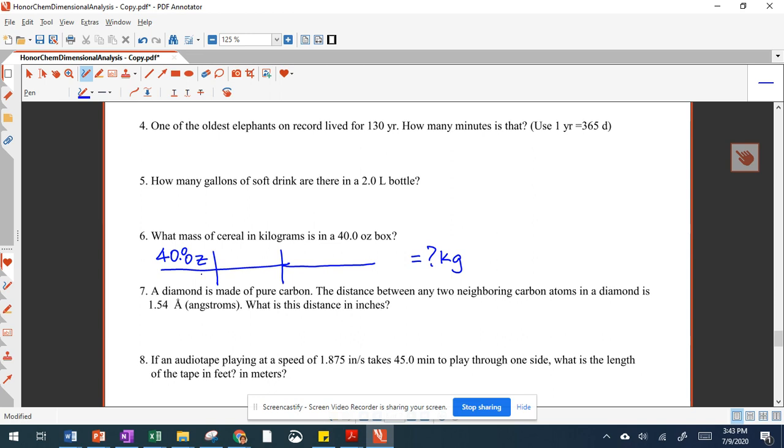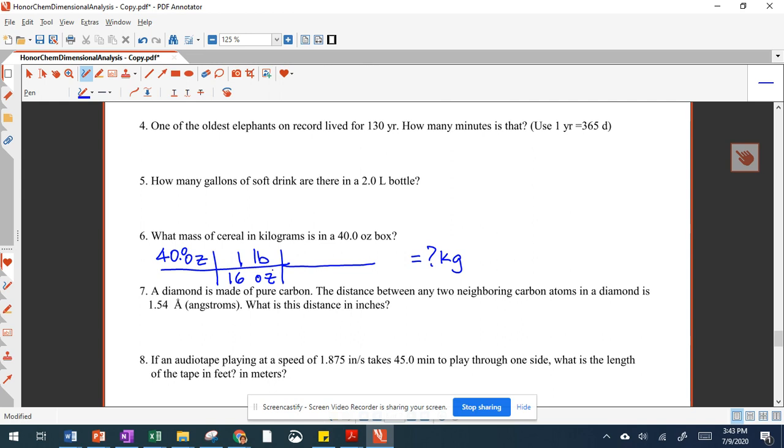Since we have ounces on the top here, ounces is going to have to go on the bottom of our first conversion factor, and pounds is going to have to go on the top. So if we remember from the previous page, we know that 1 pound is 16 ounces. So we're using the numbers that are next to the equality on the previous page.